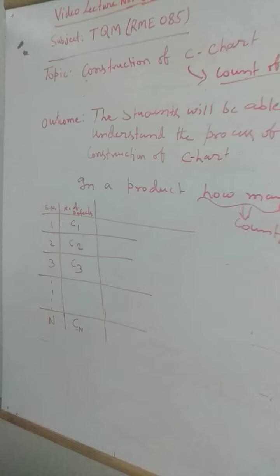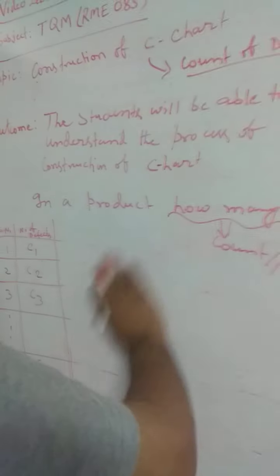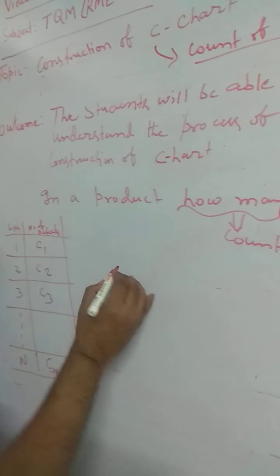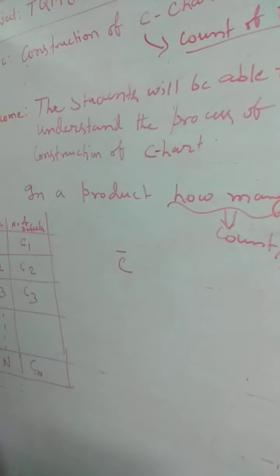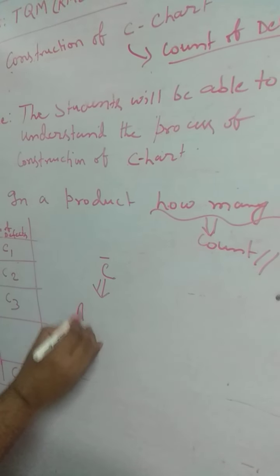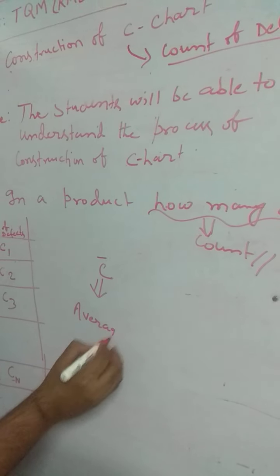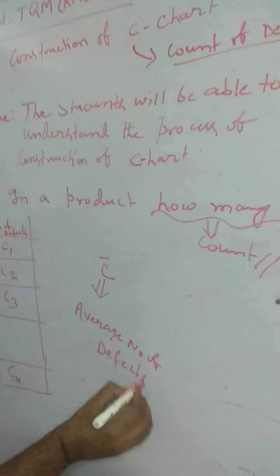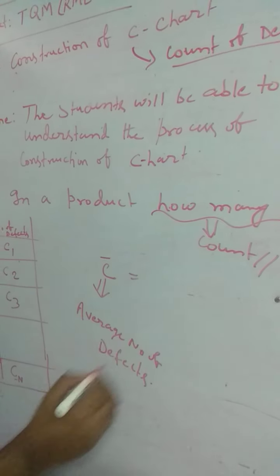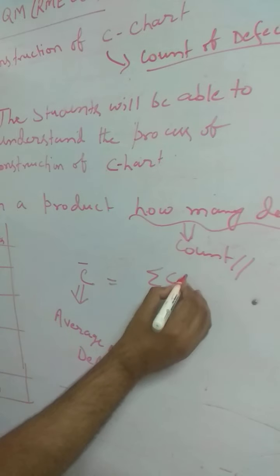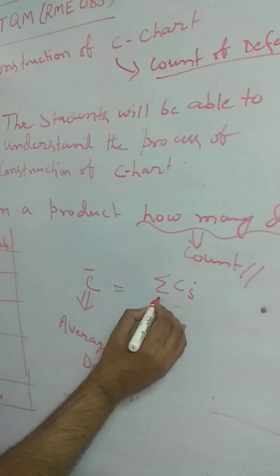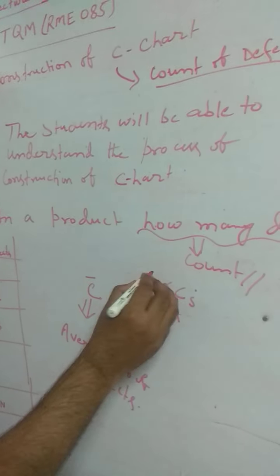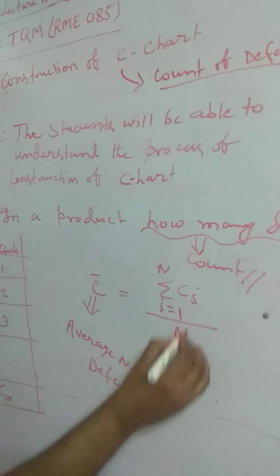To construct the C chart, first we need to compute C bar, the average number of defects, using a very simple formula: the sum of all the Ci, i equals 1 to n, upon n.